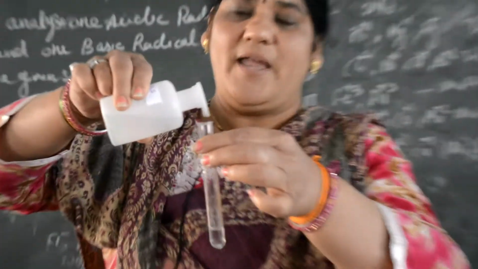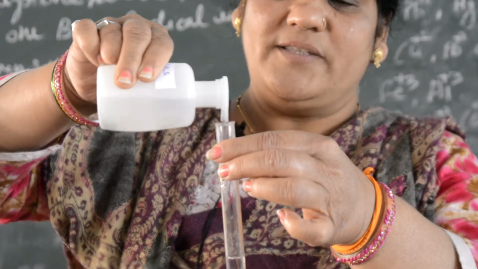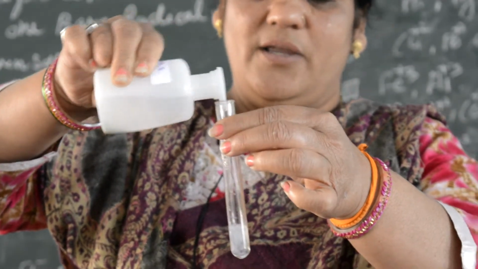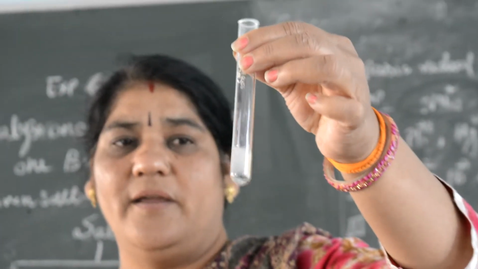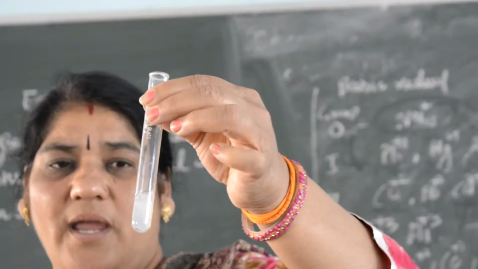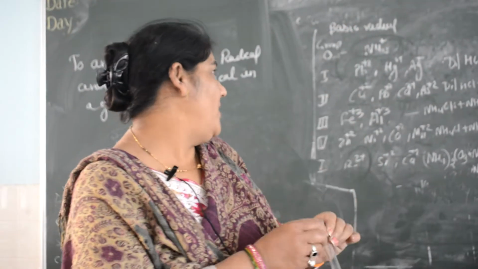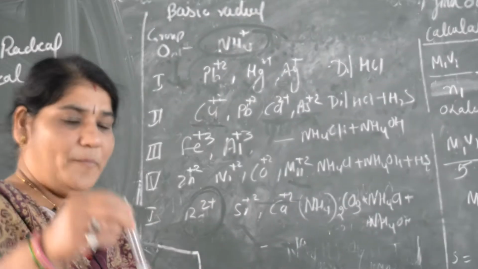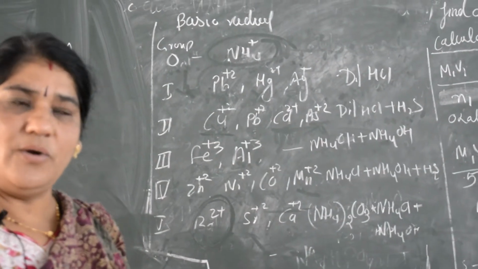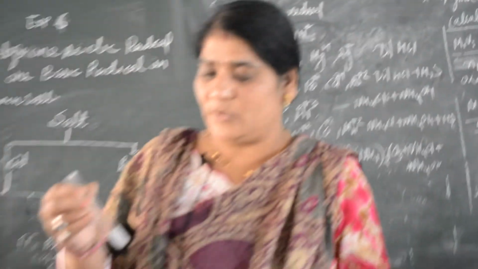Now we add the Na2S solution, and no black PPT is formed. It means the second group is absent. So now we jump to the third group.